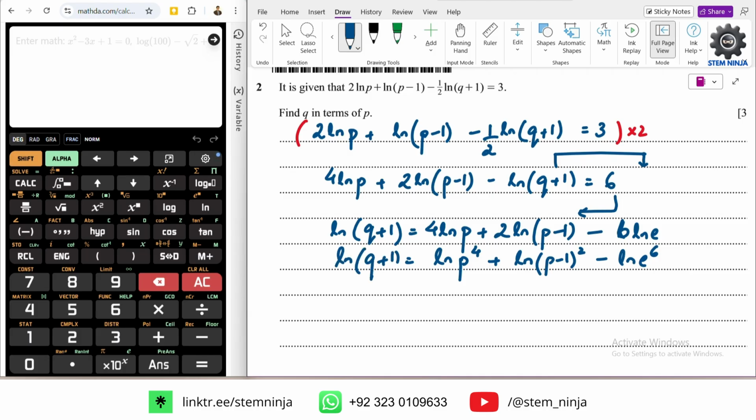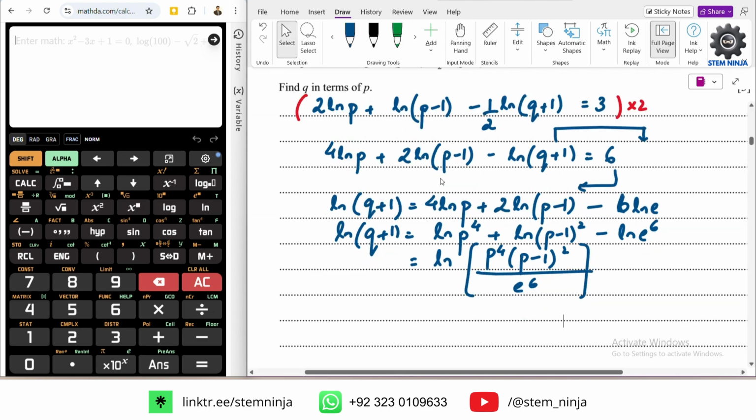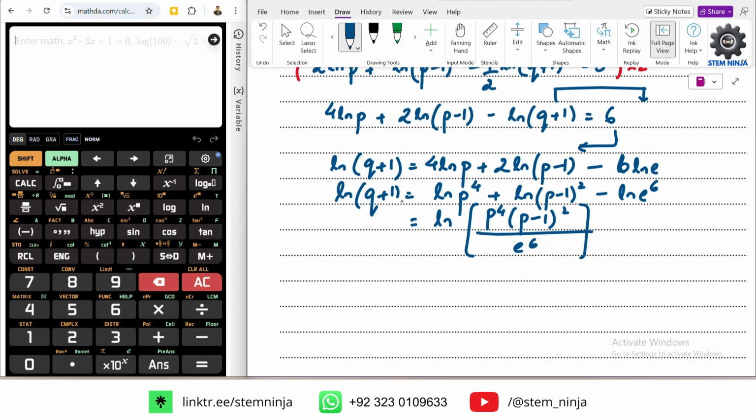Okay. Now we compile them, lump them all together. So ln of p raised to power 4 times (p minus 1) squared, divided by e raised to power 6. So both sides are ln of a function, so therefore now we can equate the arguments.